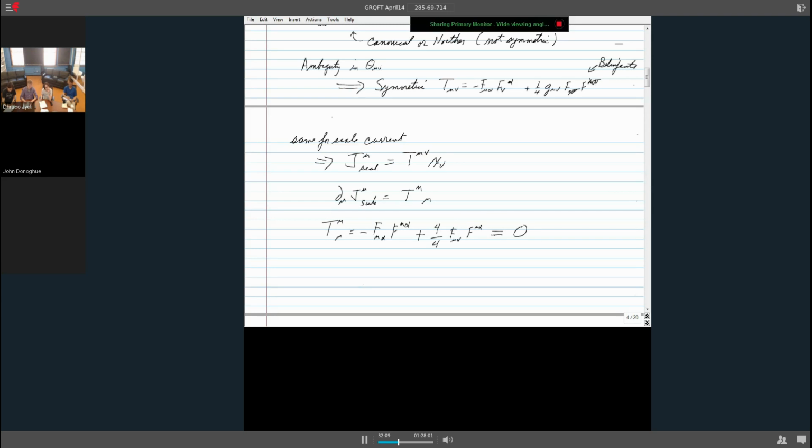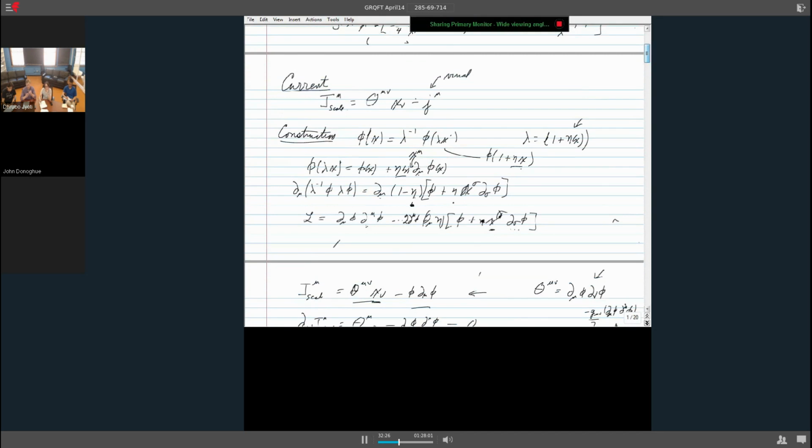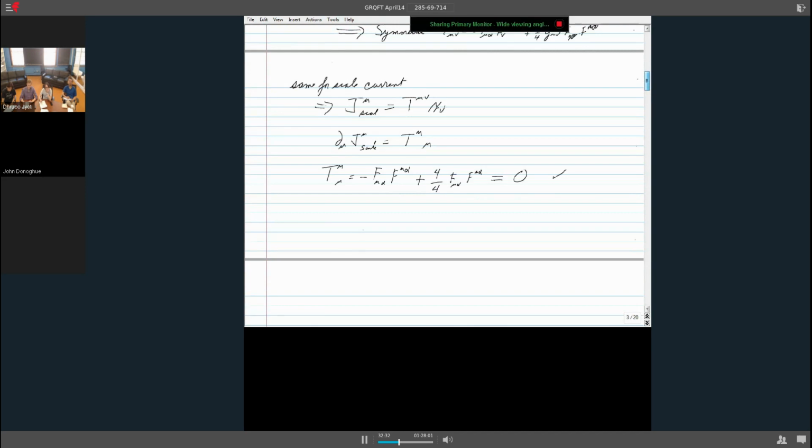And if you go back up here, T mu mu is minus F mu alpha F mu alpha plus 4 for the trace of g mu nu over 4 F lambda sigma F lambda sigma.